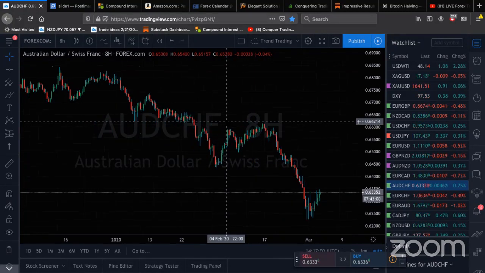This remains a pretty strong downtrend. Obviously, this is just a retracement of the trend. If you think that the situation around the world is going to continue to get worse, I think you're looking to sell any retracements over here.